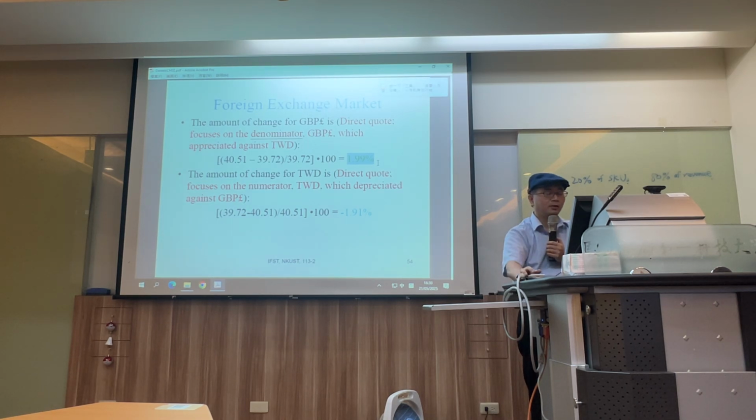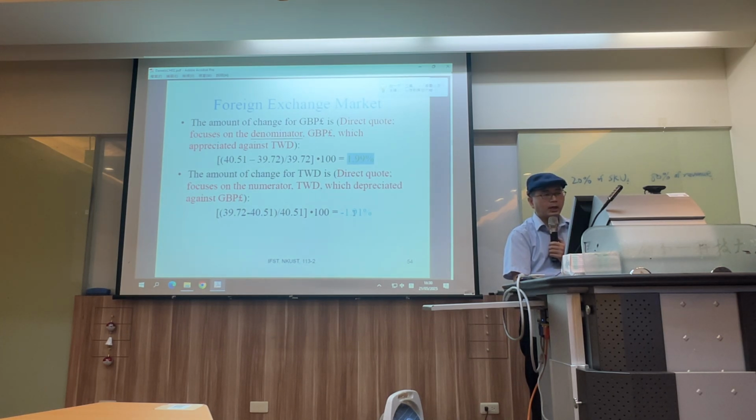So I hear the correct response. So we'll get minus 1.91%. And the math is that you take 39 minus 40 divided by 40. Okay? So that shows you how big is the depreciation for the New Taiwan dollar. Good. Okay?